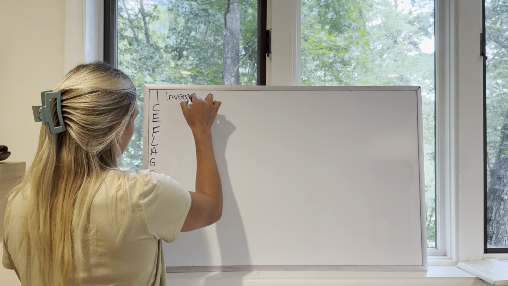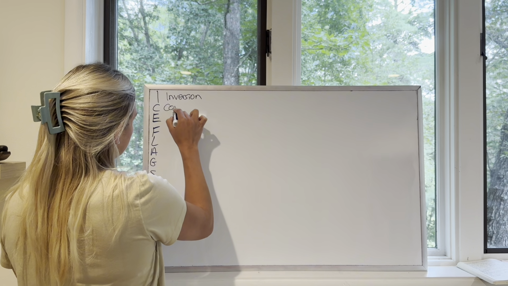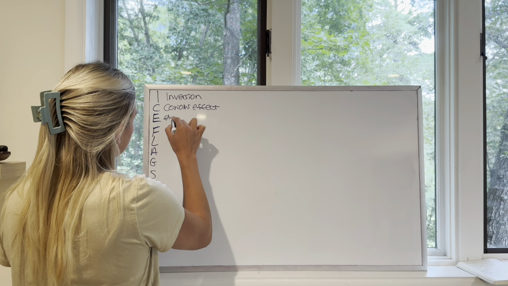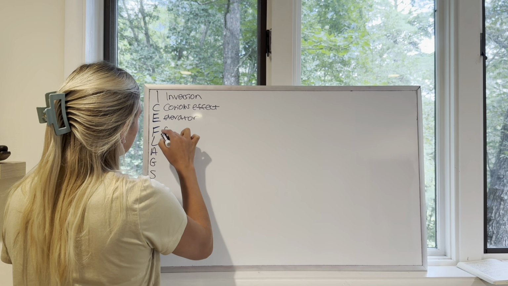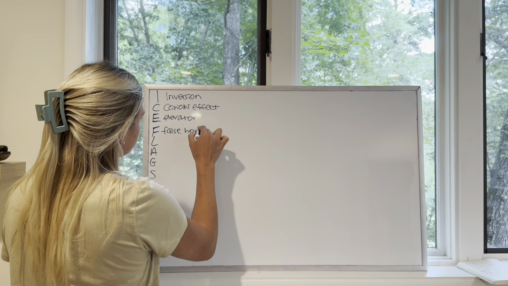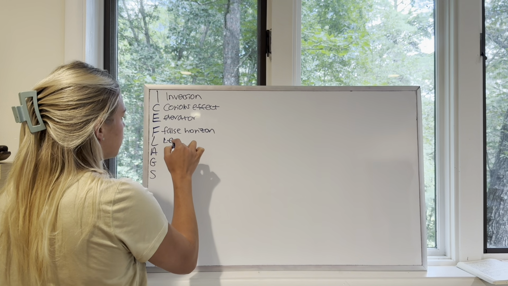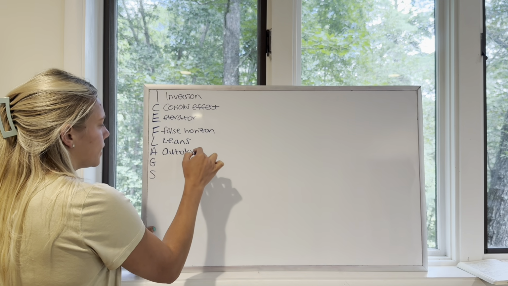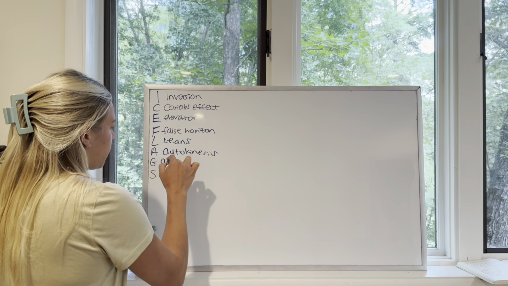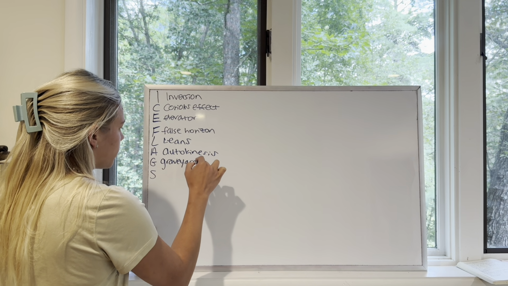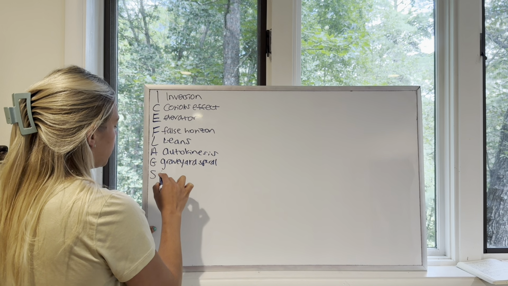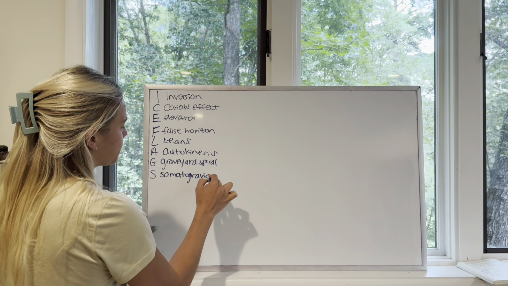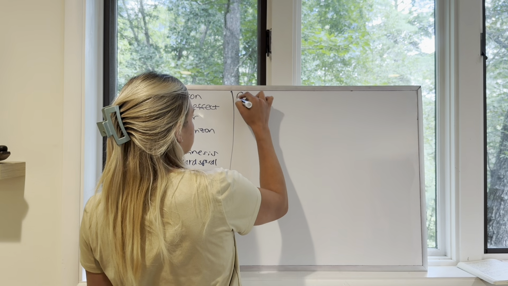So the I stands for inversion, C is Coriolis effect, E is elevator, F is false horizon, L is the leans, A is autokinesis, G is graveyard spiral, and S is somatogravic.